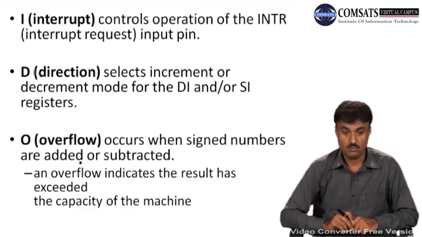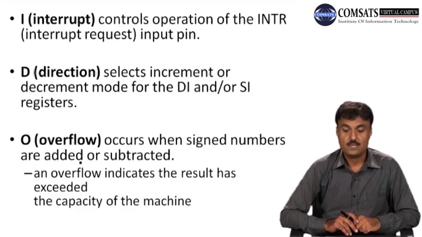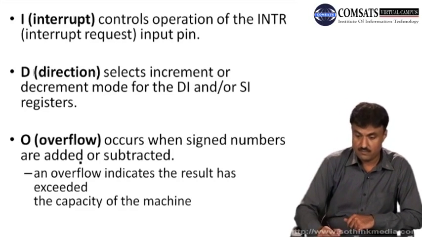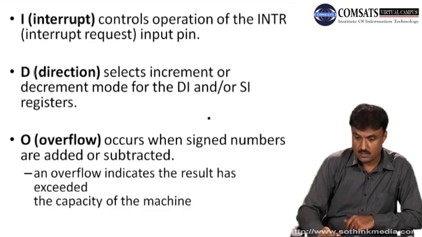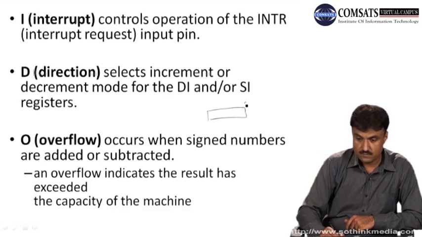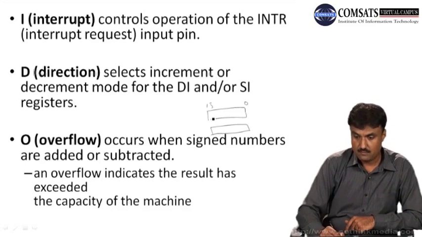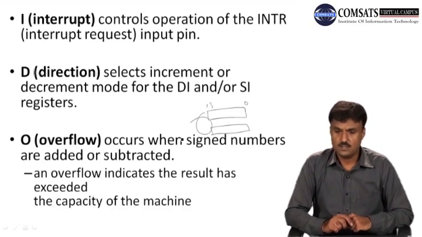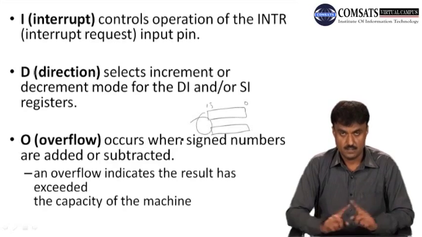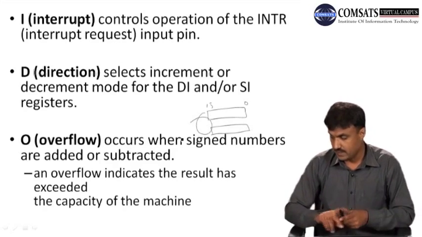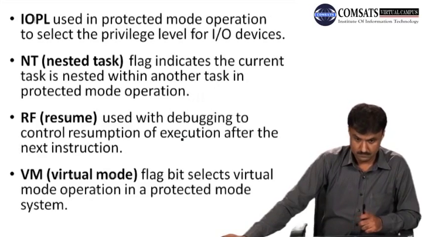In case of no overflow, it will be 0. Overflow indicates the result has exceeded the capacity of the machine. For example, if we have a 16-bit architecture, bits 0 to 15, and we are performing addition or subtraction, and it exceeds the 16-bit size, it will indicate whether there was overflow or not.